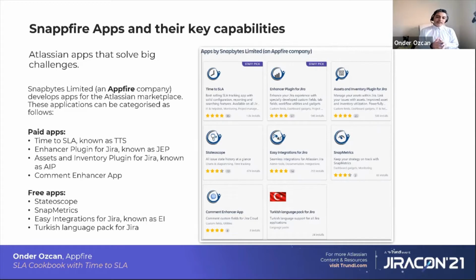In terms of the free applications, we have Statuscope, which is used for having a rich issue history. With Snap Metrics, you can create fundamental metrics for your Kanban or sprints to use in your environment. Easy Integration for Jira is used for integrating your existing Jira instance with external systems using well-defined REST APIs.